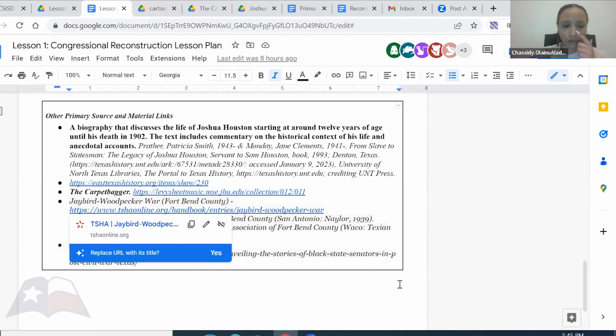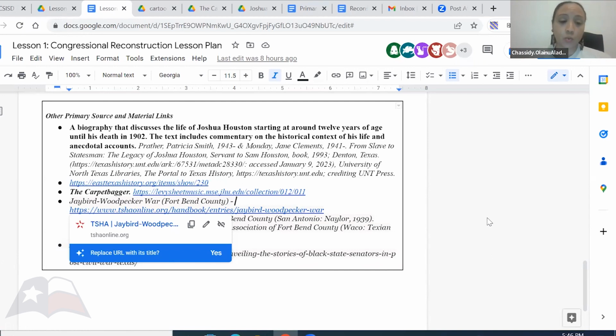And so I did include a little bit about the Jaybird Woodpecker War, which again is a classic case of the Democrats at the time were the Jaybirds, and the quote unquote scalawags were the woodpeckers. And the woodpeckers won an election, and there was a scuffle, which led on to a full war where the governor actually had to come down.